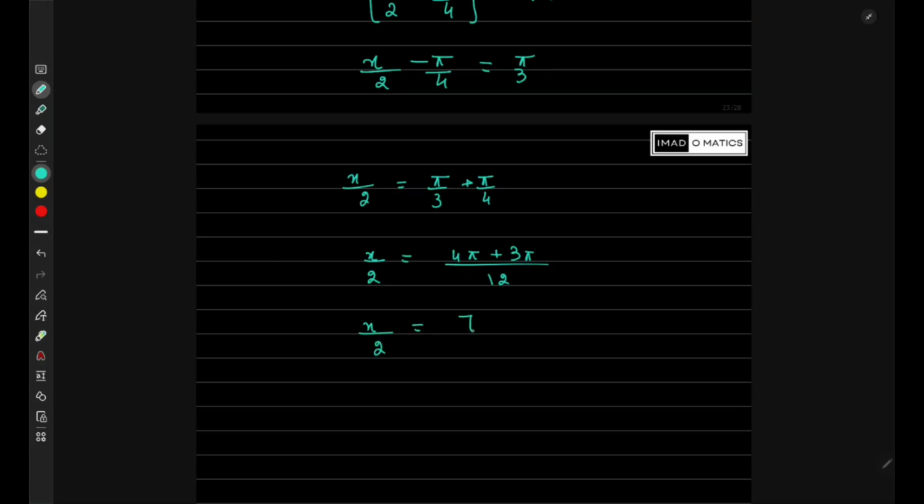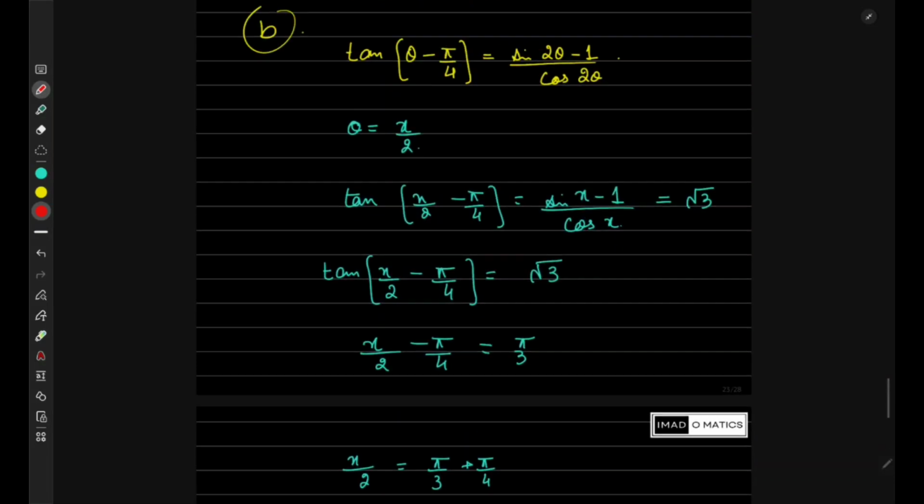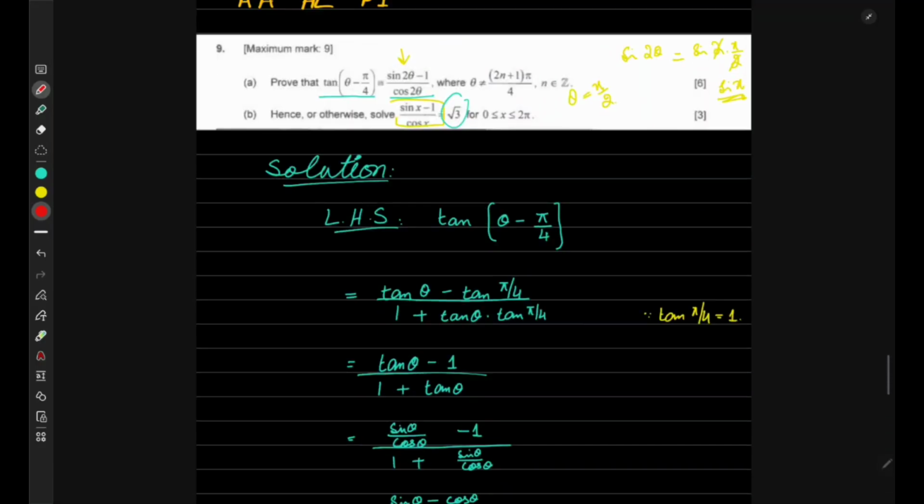X by 2 is equal to 7 pi by 12. X is equal to 7 pi by 12 into 2. X is equal to 7 pi by 6. So this is our solution for the given condition.